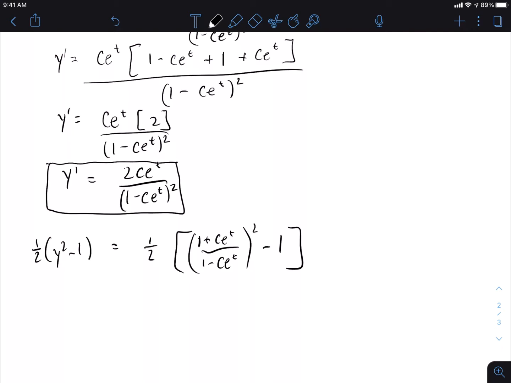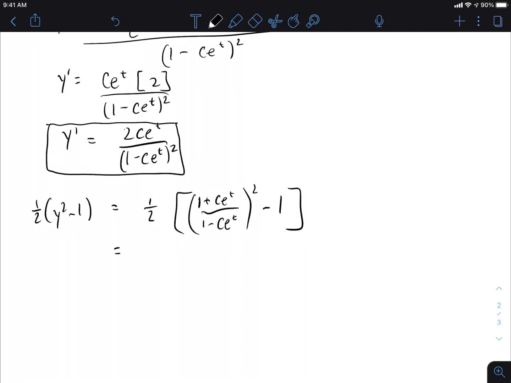Yes. Okay. So now I'm going to do some manipulation to see if I can come up with the same equation that we had. So I'm going to have 1/2. I'll do it slowly for you guys.